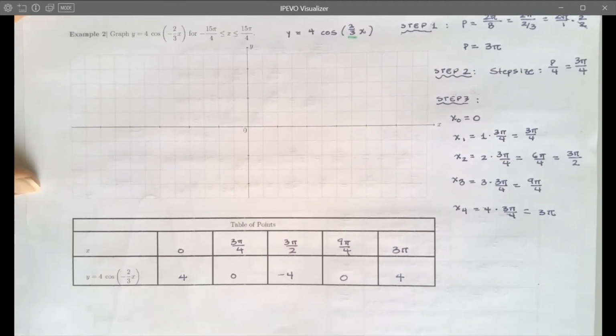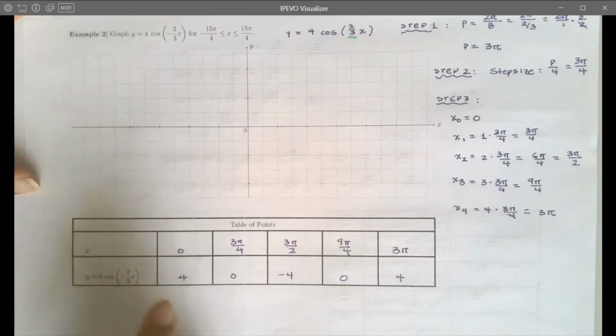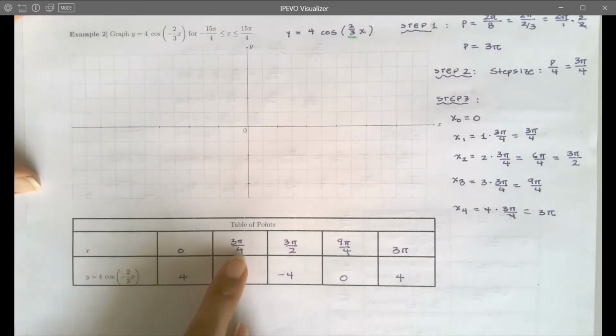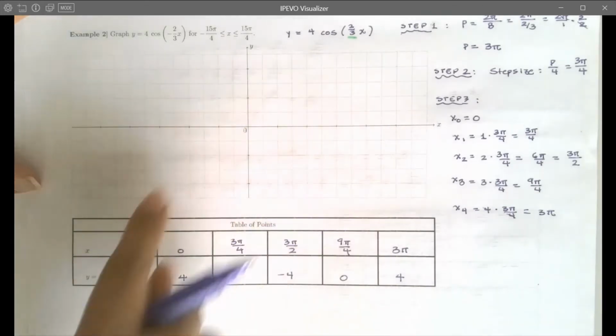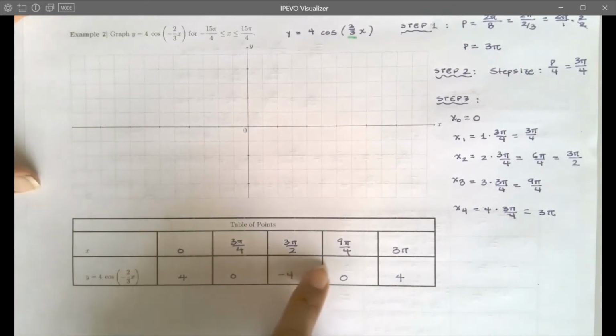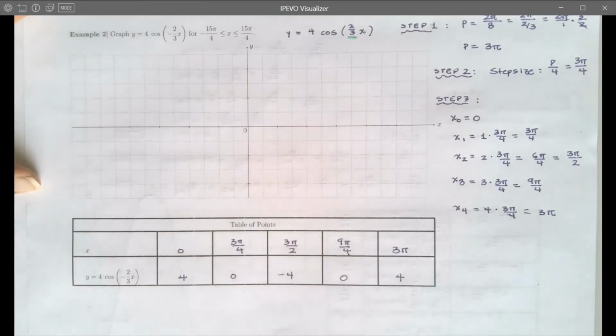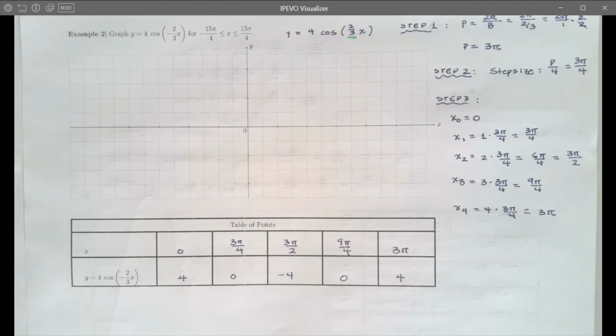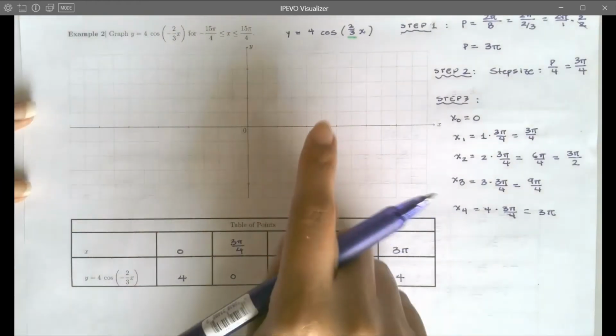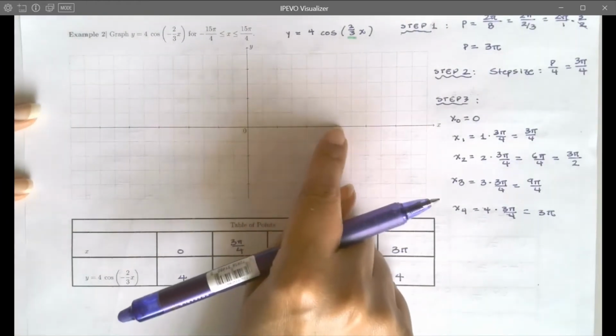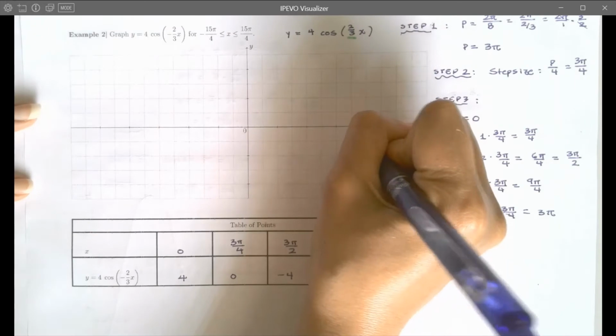Alright, so let's see. We're going to need intervals, or tick marks, that accommodate 3 pi over 4, 3 pi over 2, and 9 pi over 4. So what I'm going to do is take, let's say, 3 pi, draw it somewhere, and divide that interval into 4 equal parts. So this is 1, 2, 3, 4. That'll be my 3 pi.